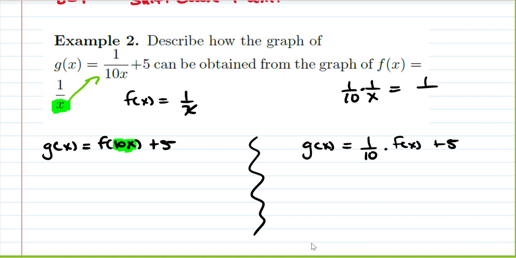If I do that, I also get the same thing, which is 1 over 10x. So I can visualize this in 2 different ways, either as a composition or as a multiplication. And that's fine, because as we'll see, math doesn't care which way you look at it. We will get the same correct answer either way.